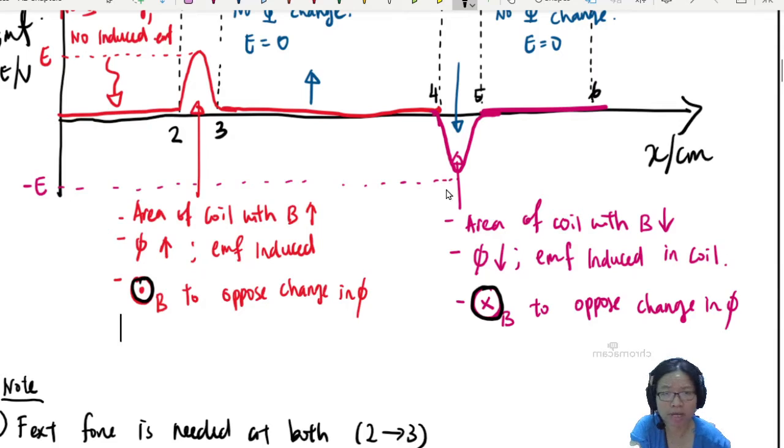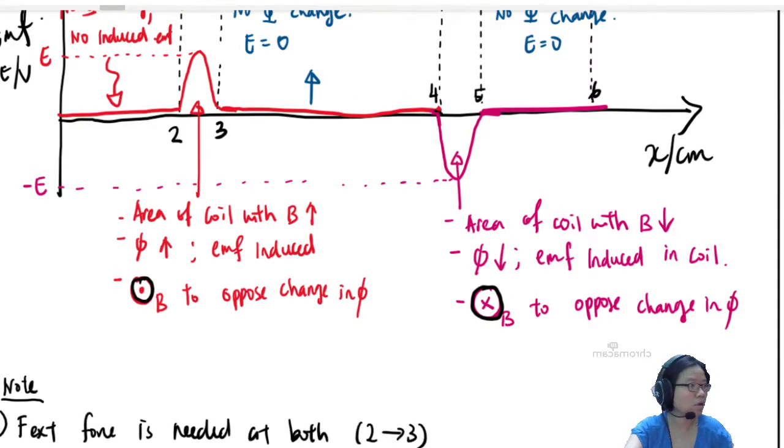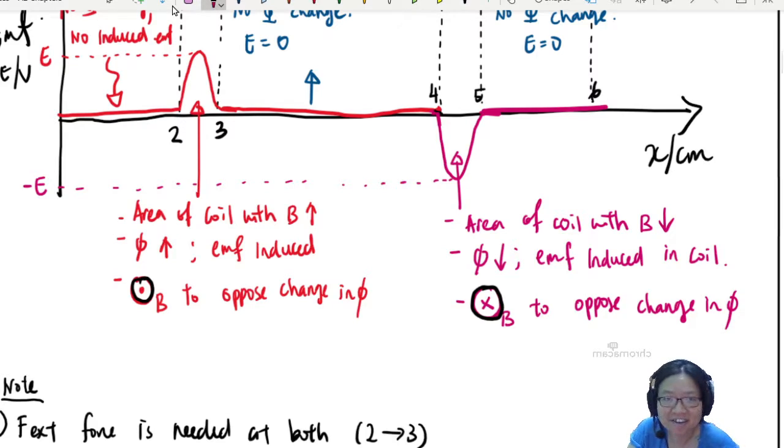Now, if there's no external force, what will happen here is that this peak will be less than E. Okay, so I'm just going to draw a smaller peak here for us. Okay, sorry for the lag there. So you will see that if there is no external force, what will happen is that the speed will slow down.